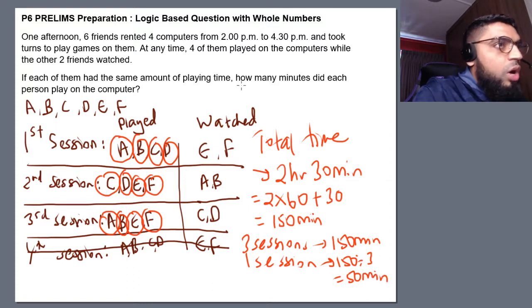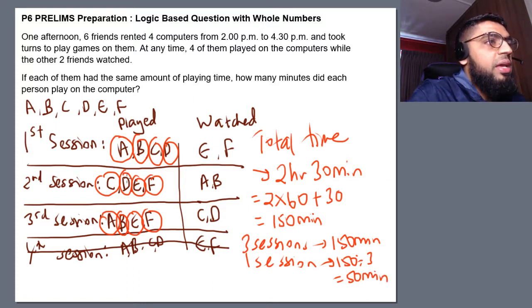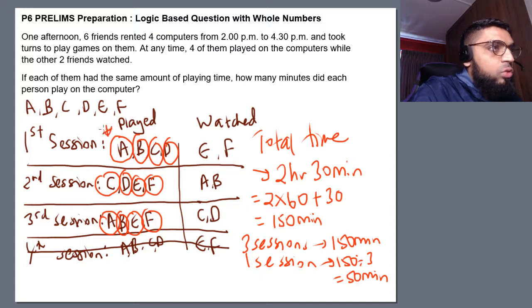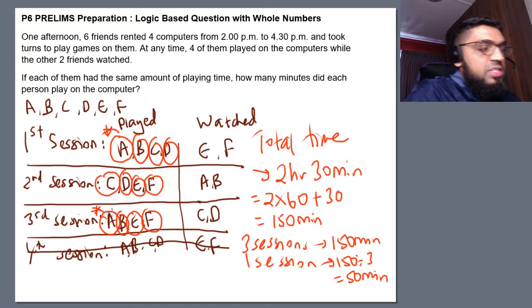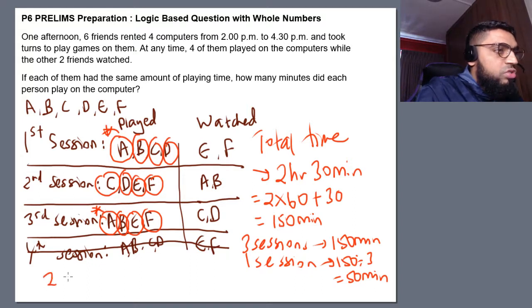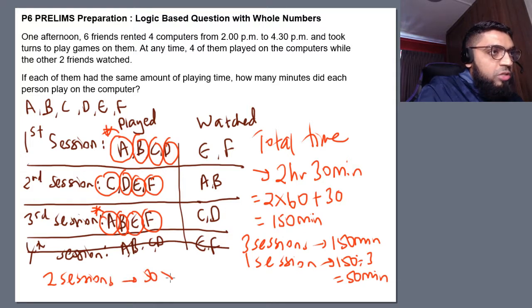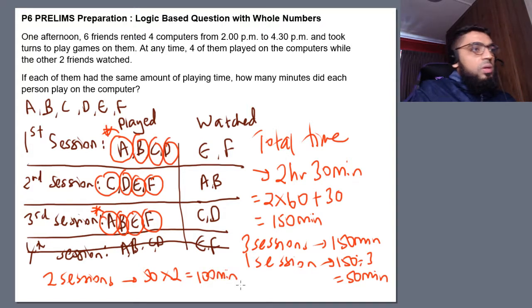And the question asks, how many minutes did each person play? Remember, each person played 2 sessions, as I've discussed. A, for example, plays in the first and the third session. So 2 sessions per person will be 50 multiplied by 2, and that gives us a value of 100 minutes. So this is the final answer for this particular question.